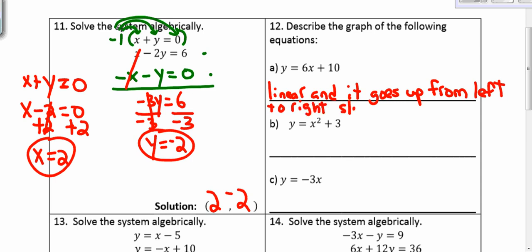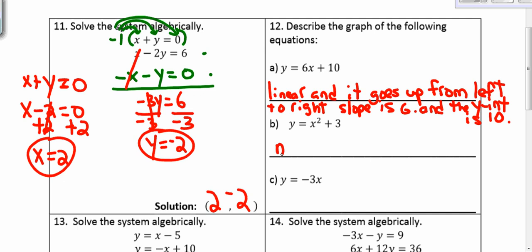The slope is 6, and the y-intercept is 10. That's where it crosses the y.